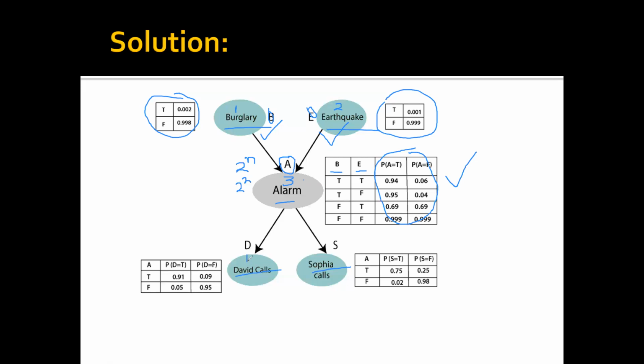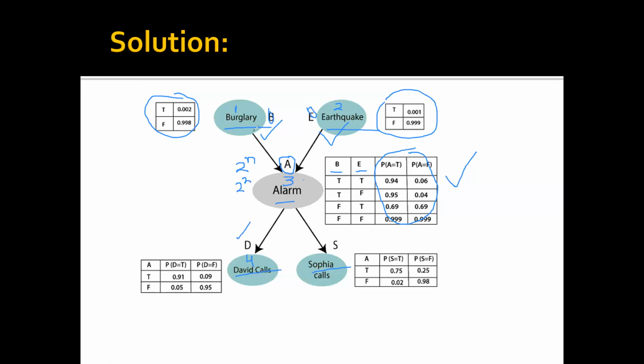Next, we have the fourth one, that is David. Now here we are given two values, D is dependent on alarm. So we will have two combinations only for A, true and false. But D can be true also and D can be false also.